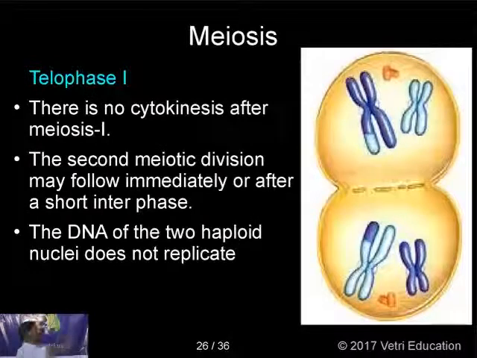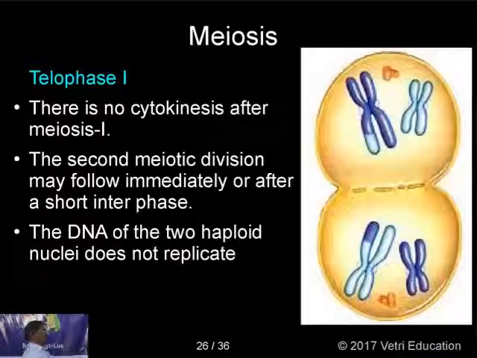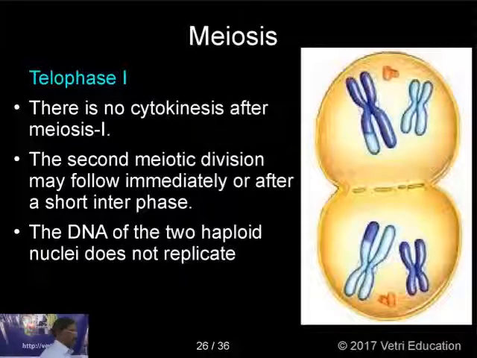In telophase 1, there is no cytokinesis after meiosis 1. After a little gap, or immediately, the cell enters meiosis 2. The second meiotic division may be followed immediately or after a short interphase. The DNA of the 2 haploid nuclei does not replicate. No replication takes place here.